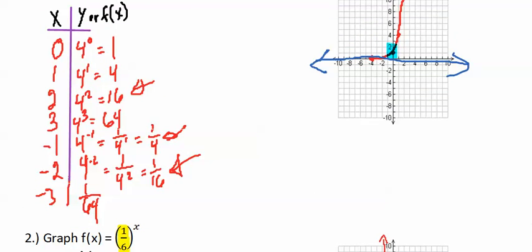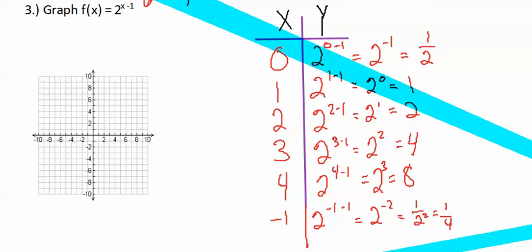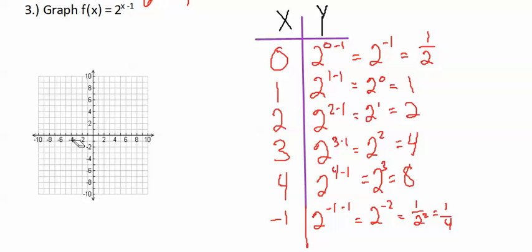Well, you'll notice when you start plotting these that your intercept will be shifted downwards. 0, 1/2, 1, 1, 2, 2, 3, 4, 4, 8, and if I go down, it's negative 1, 1/4.